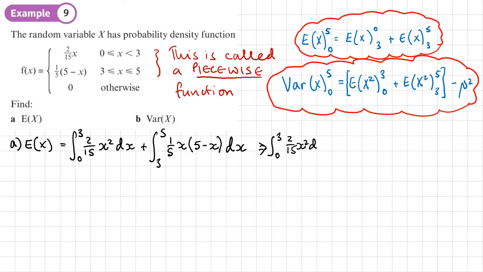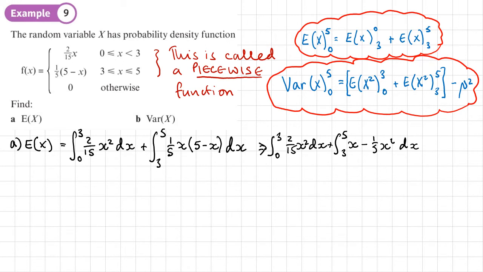So the first bit doesn't change. And then the second part, let's expand the brackets so that we have 1/5 x times by 5, which is just x, and then we subtract 1/5 x squared.